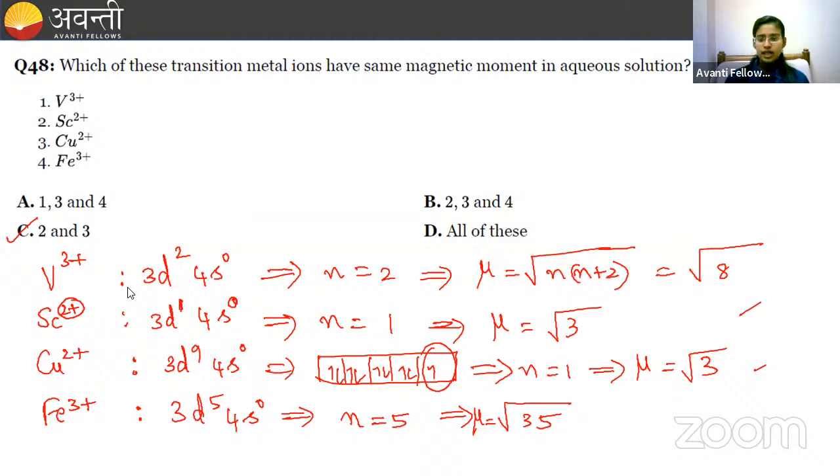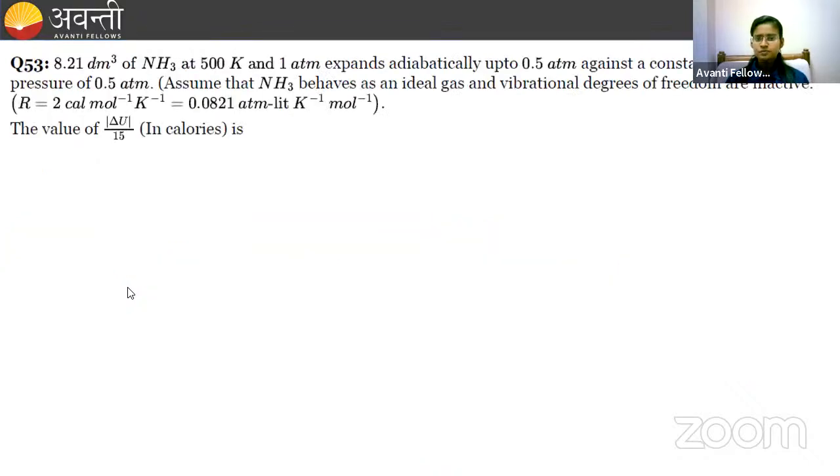And moving on to the next question, number 53, we have 8.21 decimeter cube of NH3 at 500 Kelvin and 1 atmospheric pressure that expands adiabatically up to 0.5 atmospheric pressure against a constant external pressure of 0.5 atm.